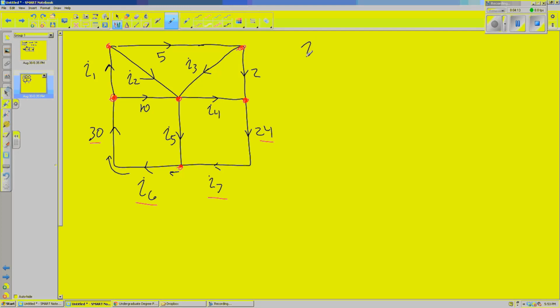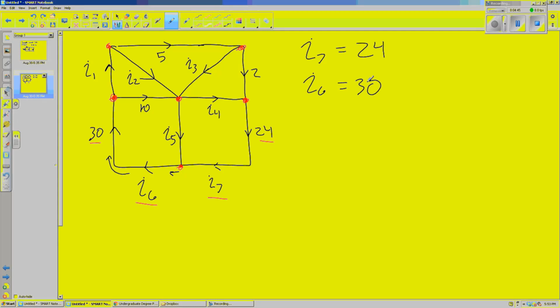So let's put them in reverse order over here. I7 is equal to 24 somethings, and I6 is equal to 30. Current can't go anywhere, so the current at the start of the wire, or the branch, must be the same as at the end. Okay, so that gives us something to work with.